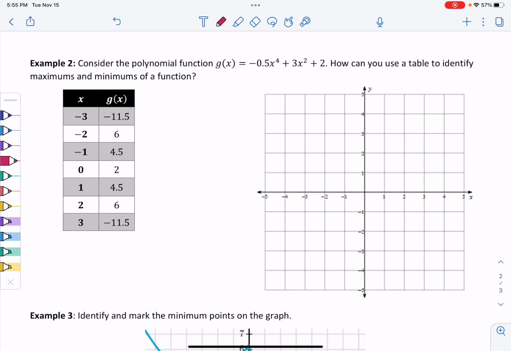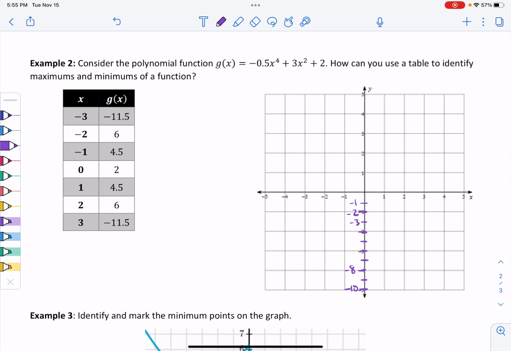All right. So if I'm graphing these points, I have negative 3, negative 11.5. Oh, I did not leave enough room on this graph. Negative 3, negative 11.5 is way down there. We're going to change our intervals over here. We're going to go negative 1, negative 2, negative 3, etc. So that means this is going to be negative 8, this will be negative 10.